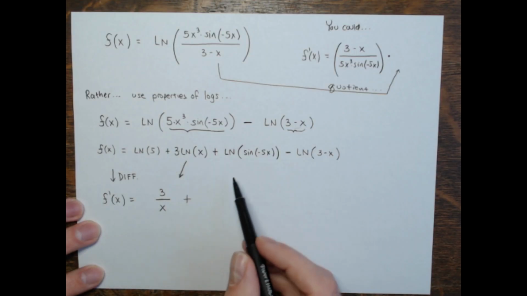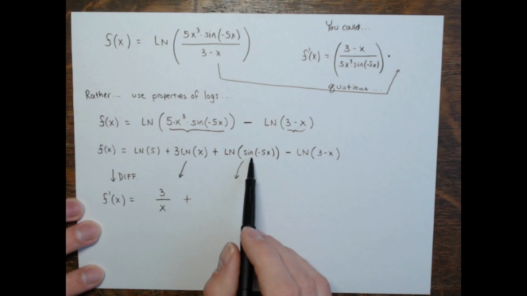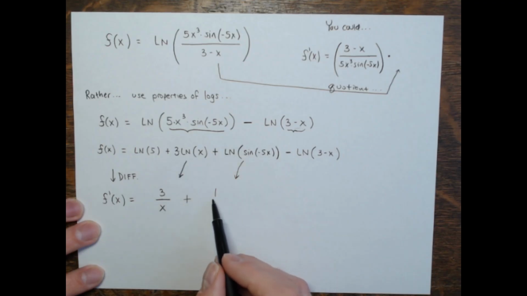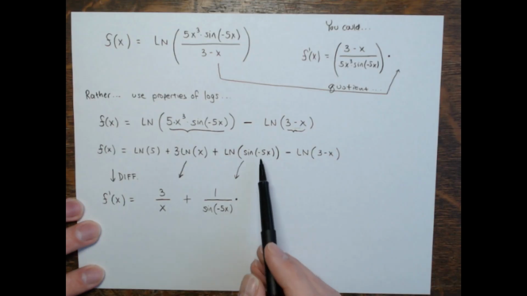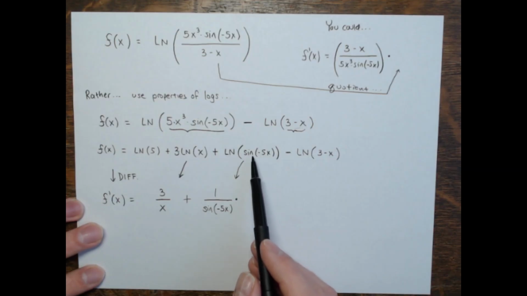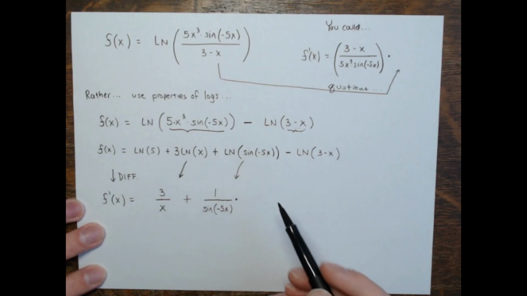Then plus, and then from this term, now this is not just the natural log of x, it's the natural log of something with x. So I got to use chain rule here. So this would be 1 over the thing inside. Again, 1 over what's inside. Then chain rule times the derivative of what's inside, where I'm still using chain rule because it's not just the sine of x, it's the sine of something with x.